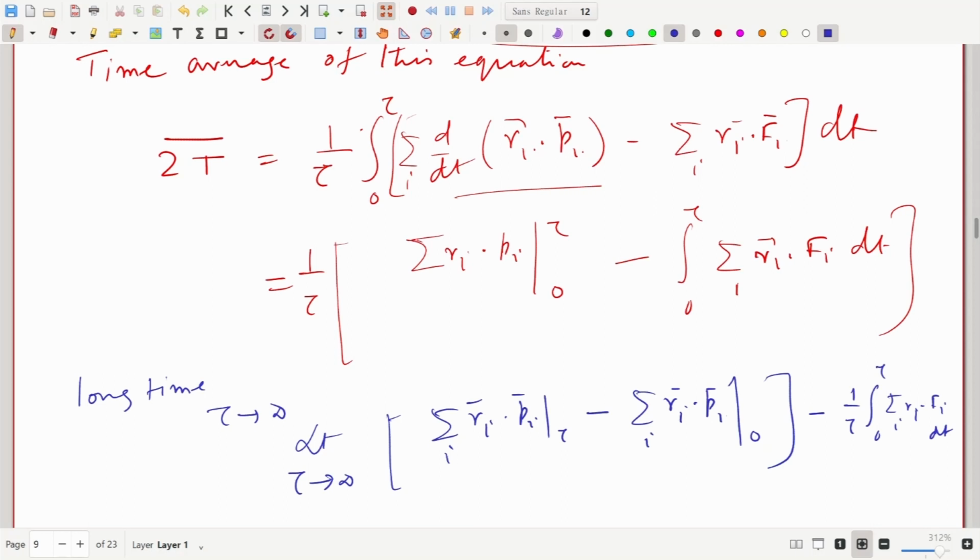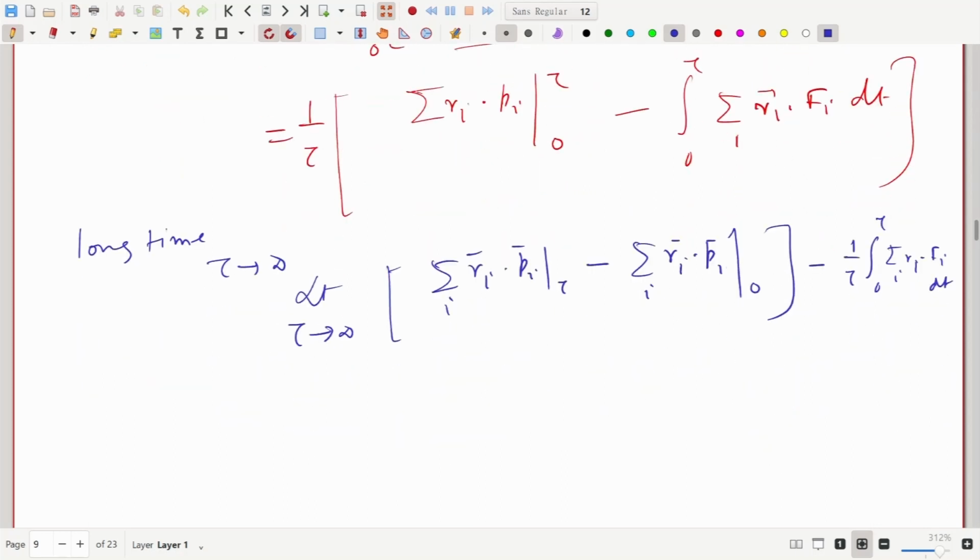I will not simplify the second term, and the left hand side, you recall, is 2T bar.